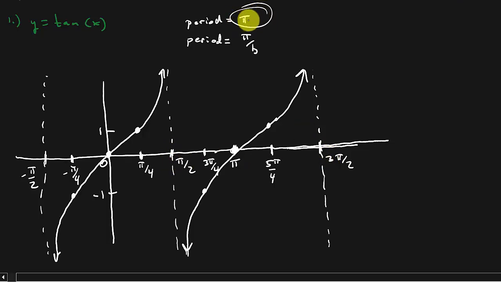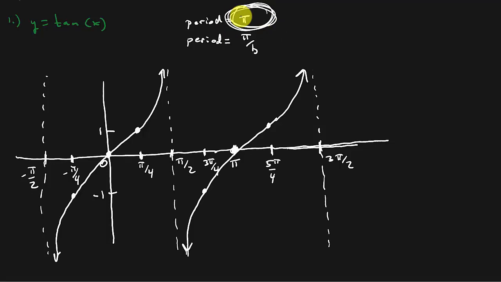Once you get your two vertical asymptotes, to get another one, if you want to graph it over another period, you add not pi, but you add the period. In this case, the period's pi, so that's what we add to get to this vertical asymptote. But you add whatever this is. And it may be different in some problems. I'll explain that in the next one.